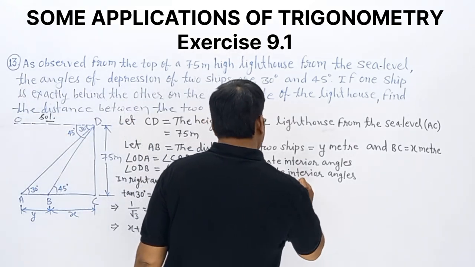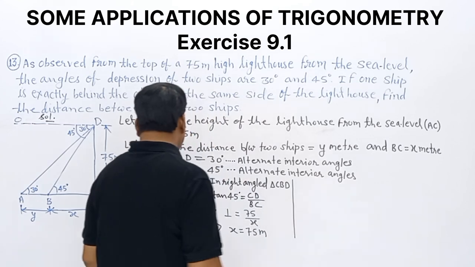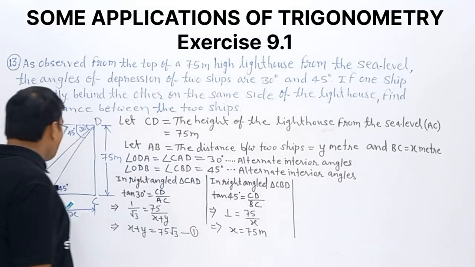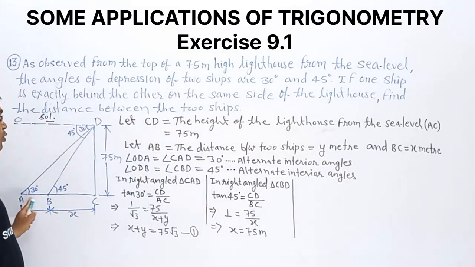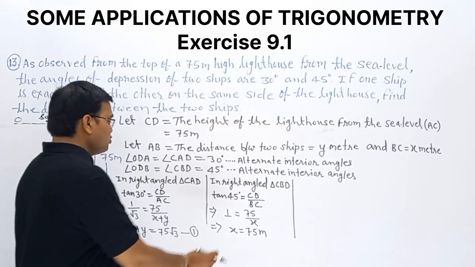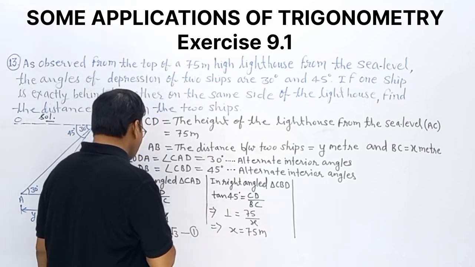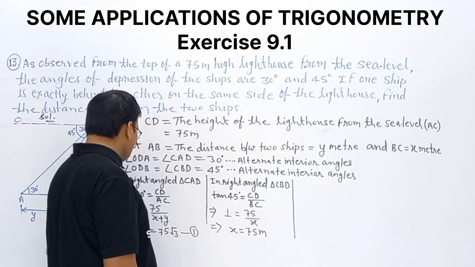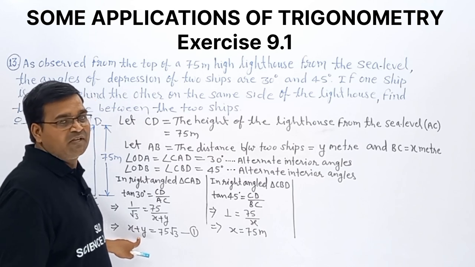Now what can we say? We don't want this one, we want the distance between both the ships. So once we put this value in equation number 1, then we can easily find the value of y. Clear?